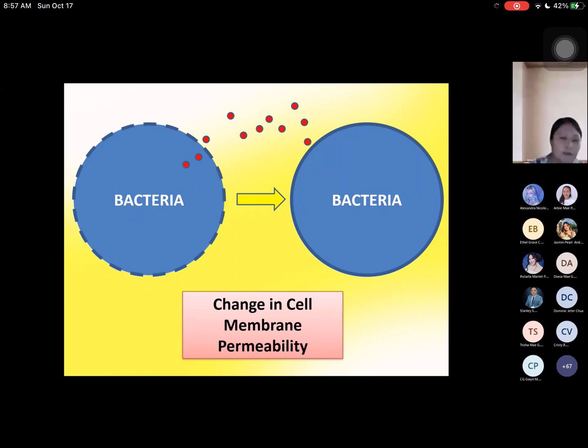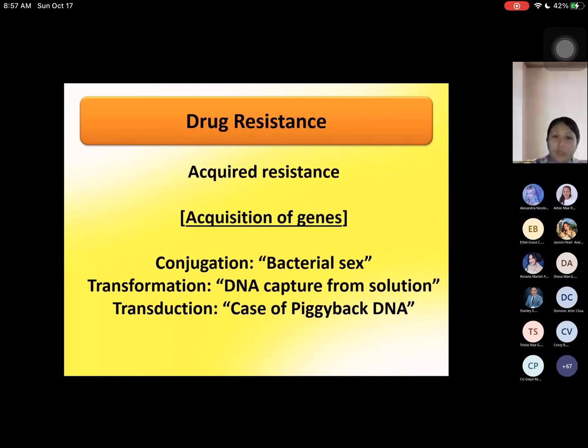Okay? For the acquired resistance, this is now the acquisition of genes. First is the conjugation or the bacterial sex. This is the primary way of acquiring new genes.